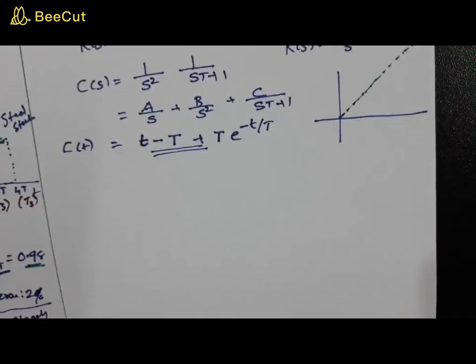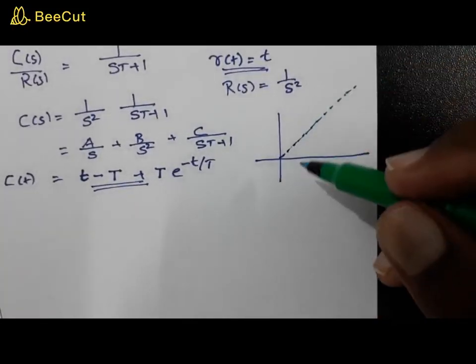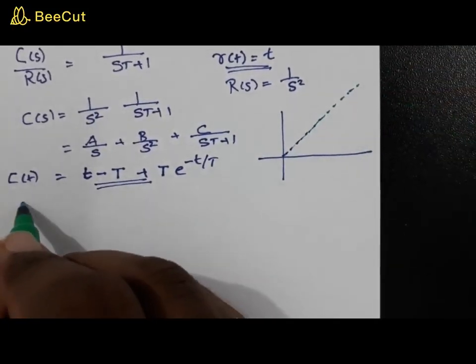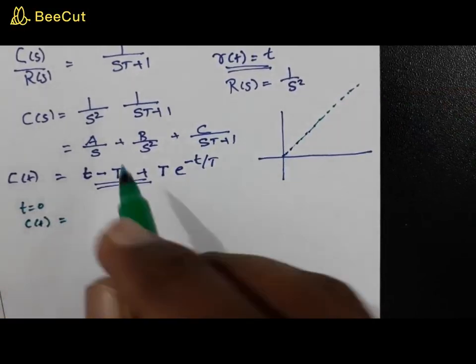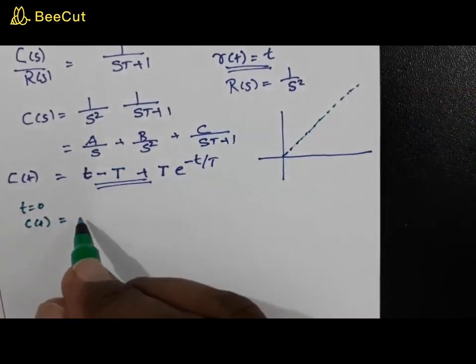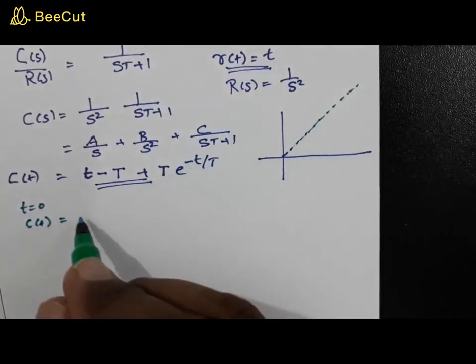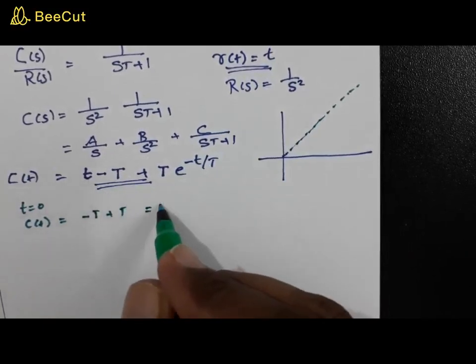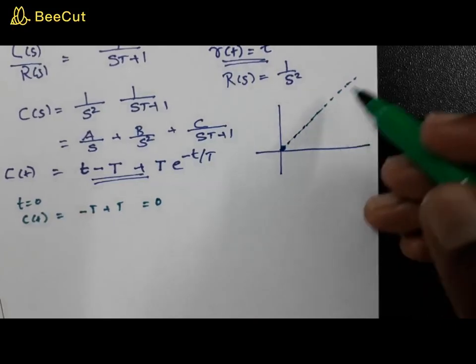Let's see whether anything deviates from our expectation. What happens at t equal to 0? At t equal to 0, the exponential becomes 1, so c of t is minus T plus T, which is equal to 0. So it starts like the ideal ramp input.